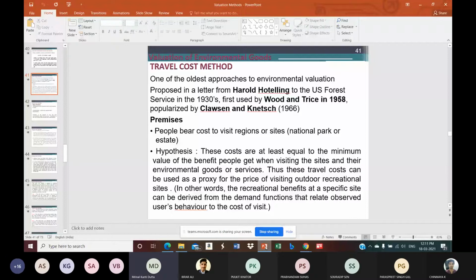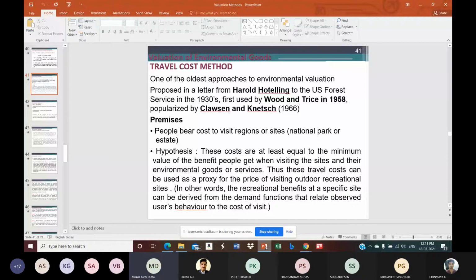This is mostly the recreational values that people might be deriving from these sites, and accordingly they want to visit them, and get direct recreational benefits from this visit. So the basic premise rests on this: the visitors travel to come to a site, and they bear cost to visit those places.